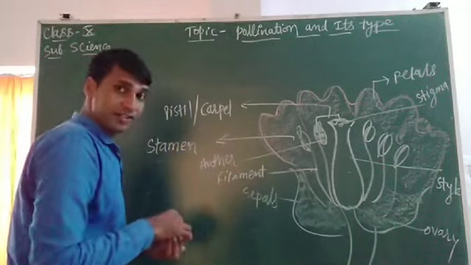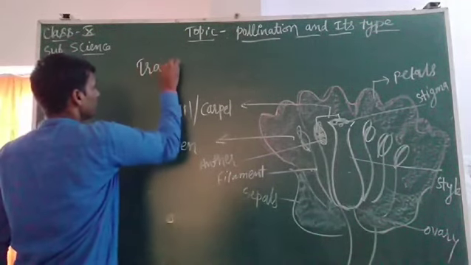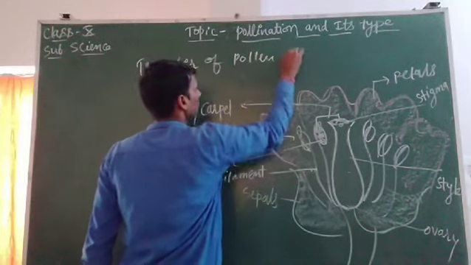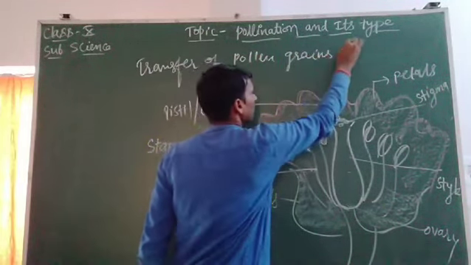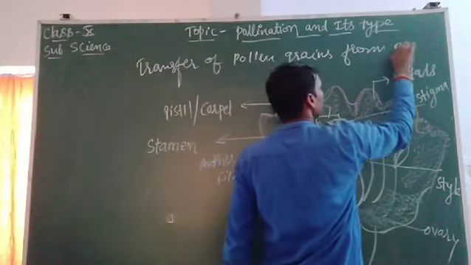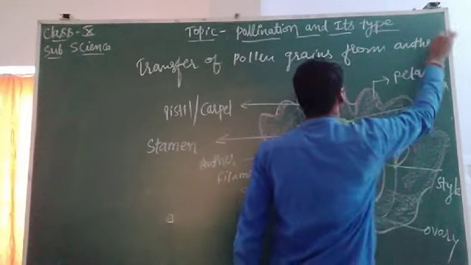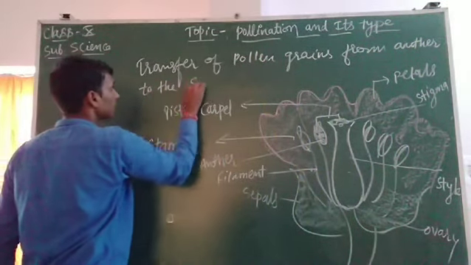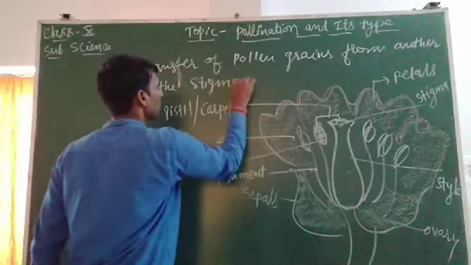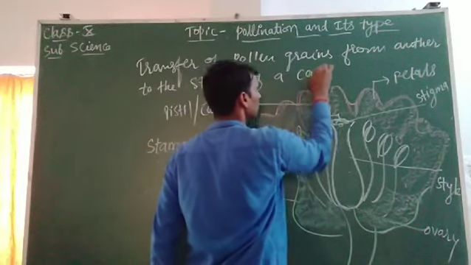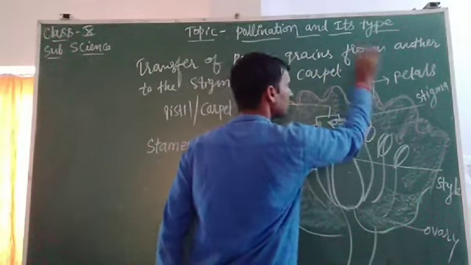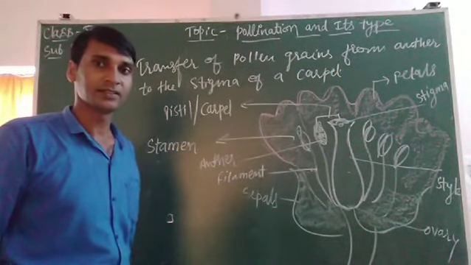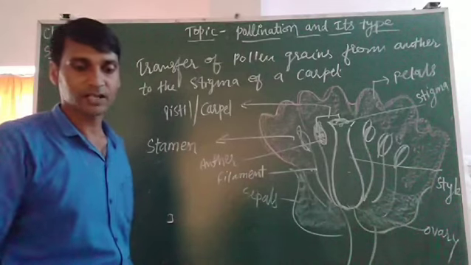So you can write the definition: transfer of pollen grains from the anther to the stigma of a carpel. This process is called pollination. I think you understood it well.